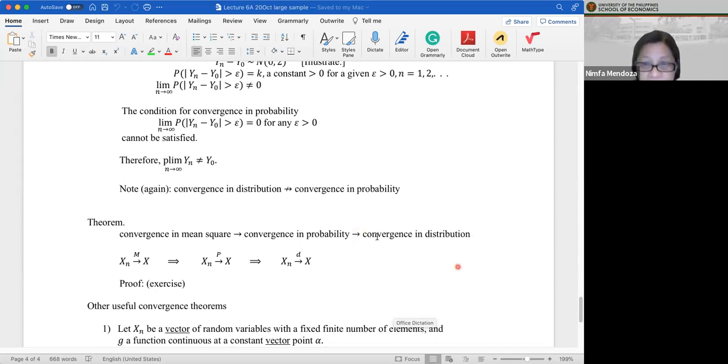That's why we say convergence in distribution is the weakest form of convergence. So in notation, we have this. I think the proof is in Amemiya. You can have a look at that.